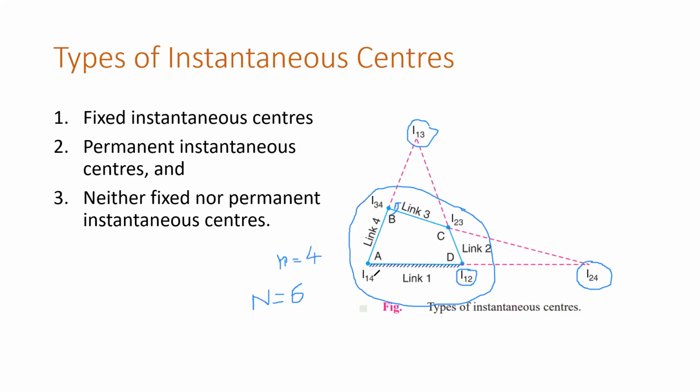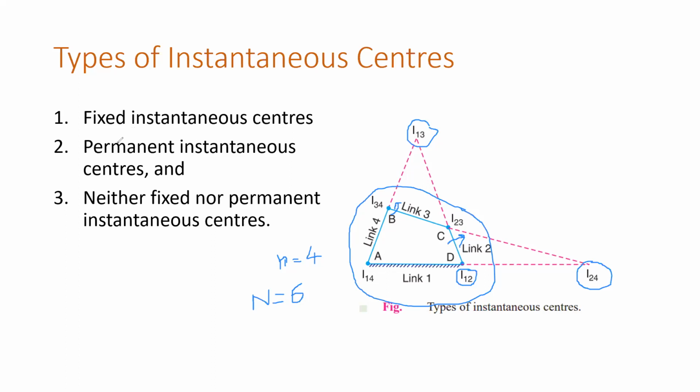They will not even change their position. Say you are giving some input to some bar. As this bar rotates, all other points will change. This point will move forward, this point will move downward. But these points I12 and I14 will not change even their position. That's why they are called fixed instantaneous centers.